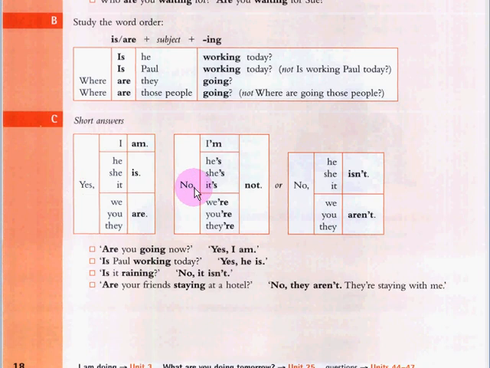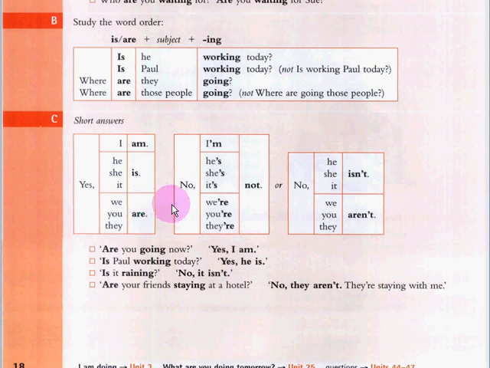And then you use the subject, for example, I, he, she, it, we, you, they. And then, of course, what comes last is our linking verbs: am, is, and are.